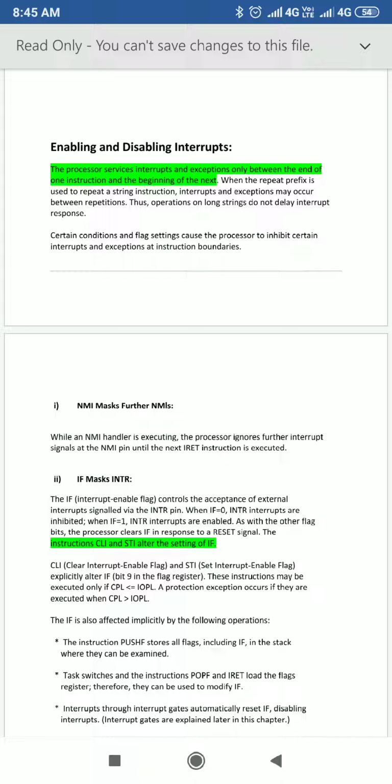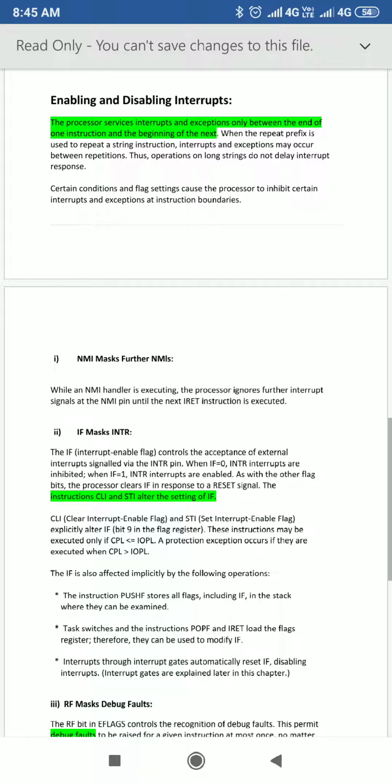For that we have the INTR pin, right? Then these are controlled by your interrupt flag or IF flag. Remember, we have seen the IF flag in the flag register in the first and second unit. Here if your interrupt flag is 1, then the interrupts are enabled. But if your IF is 0, then interrupts are disabled.